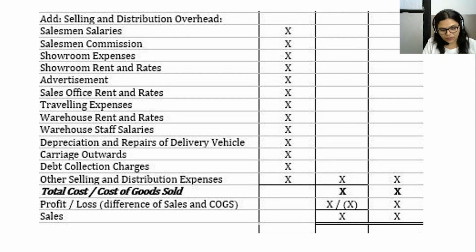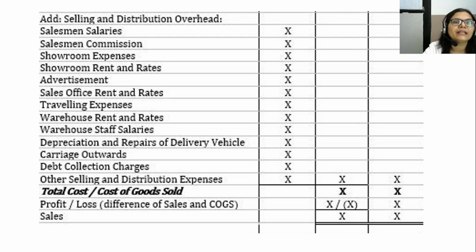Selling and distribution overheads, as we have already discussed, are based on the sales of a product, which means salesman salaries, salesman commissions, showroom expenses, showroom rent and rates, advertisements, sales office rent and rates, traveling expenses, warehouse rent and rates, warehouse staff salaries, depreciation, repairs of delivery vehicle, carriage outward, debt collection charges, other selling and distribution expenses. These are a part of selling and distribution overheads.